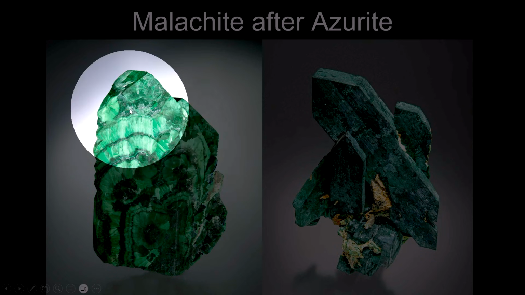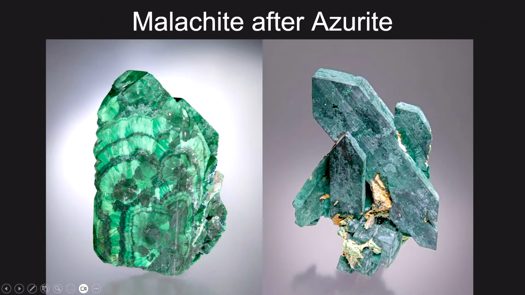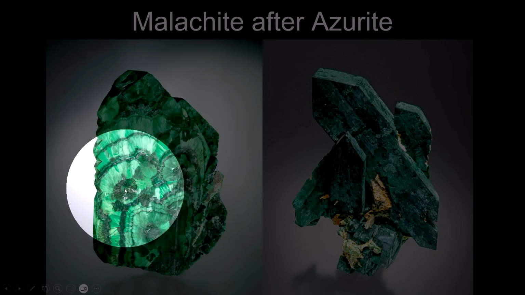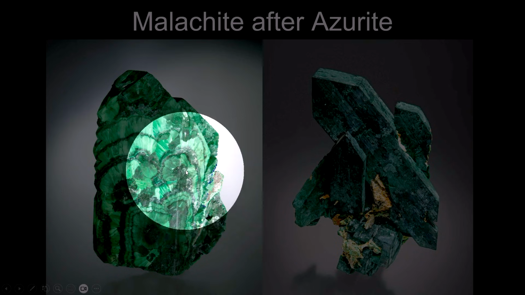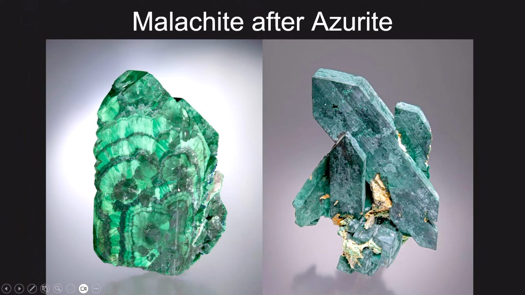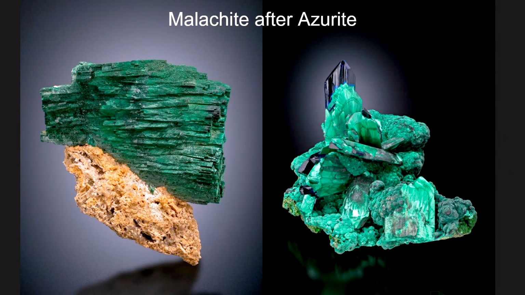a bunch of concentric circles, sort of like the rings of a tree, and this really demonstrates the way that this pseudomorph formed in all likelihood, with little spots of transformation from azurite to malachite, starting in the center, and then the transformation gradually radiating out until the entire piece was transformed to malachite.